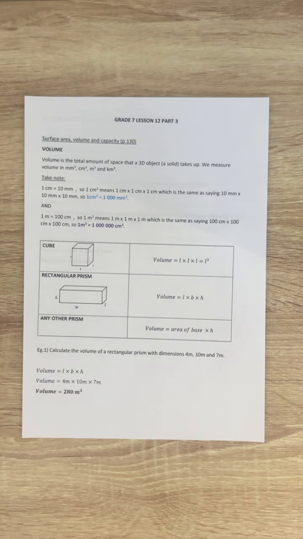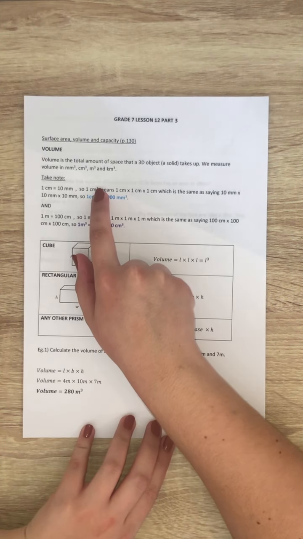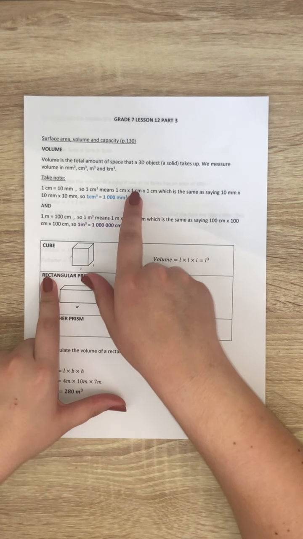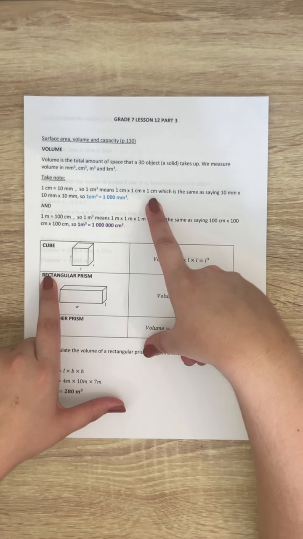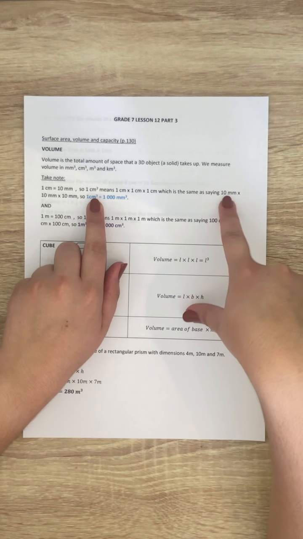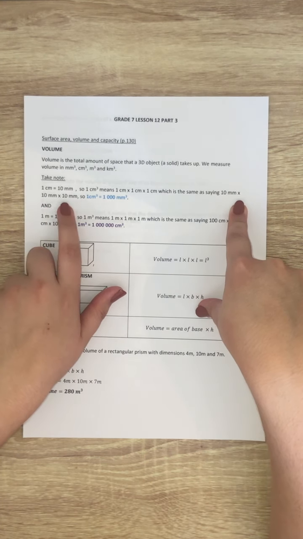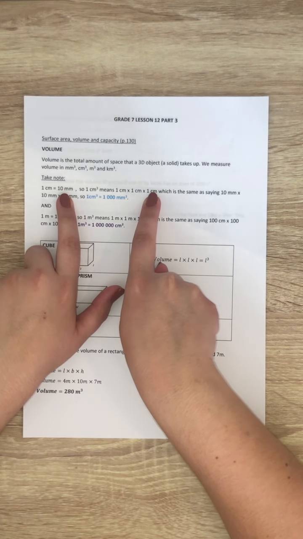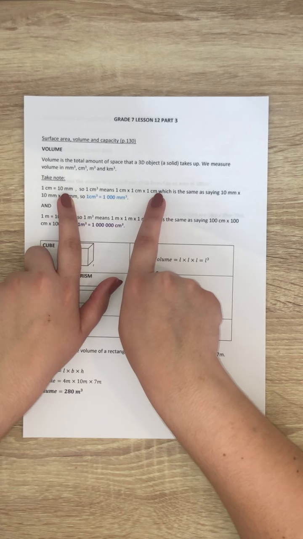Okay, so take note of the following. We know from grade 4 that 1 centimeter equals 10 millimeters. So, in other words, 1 centimeter cubed, now remember cube means you're multiplying it with itself 3 times, means 1 centimeter times 1 centimeter times 1 centimeter. So we just expanded it, that's all we did. Which is the same as saying 10 millimeters times 10 millimeters times 10 millimeters, because now we're just converting these centimeters to millimeters, because we know there are 10 millimeters in a centimeter.